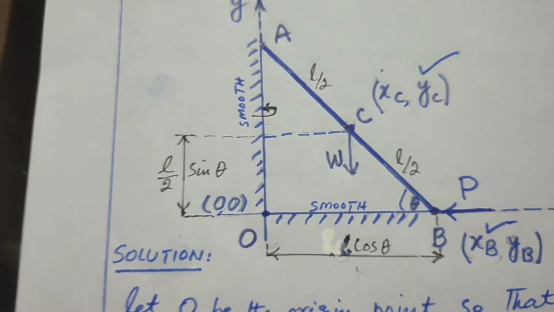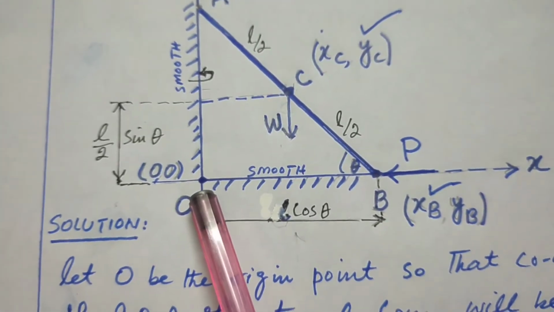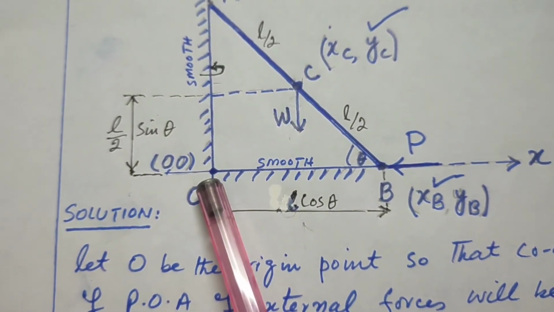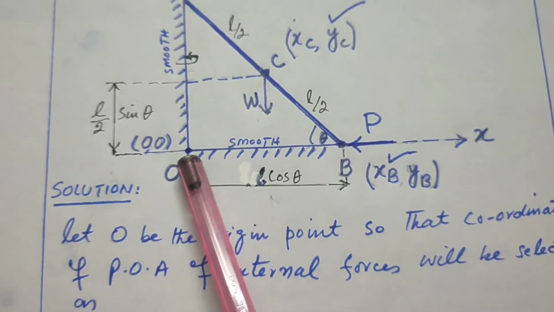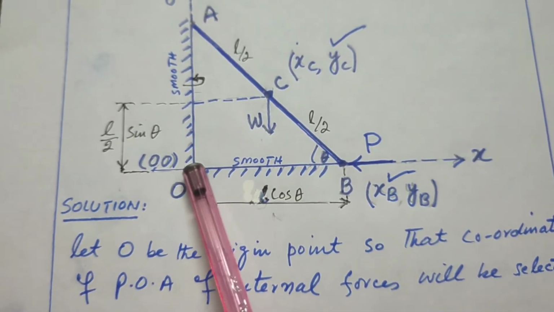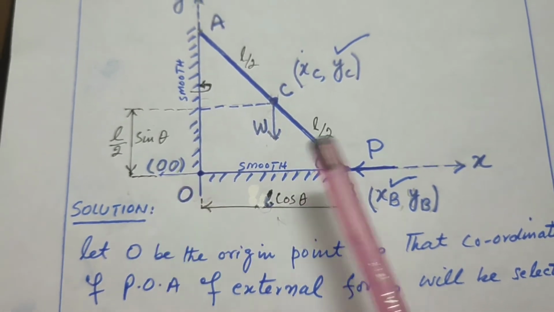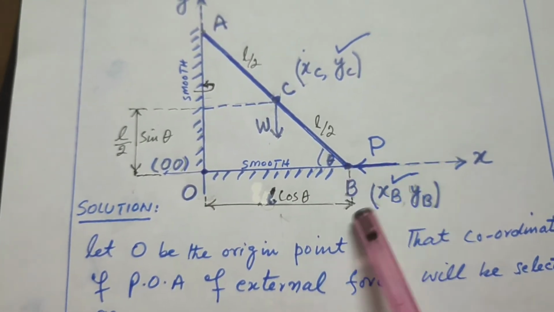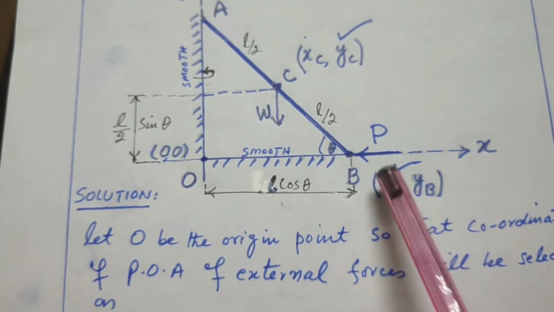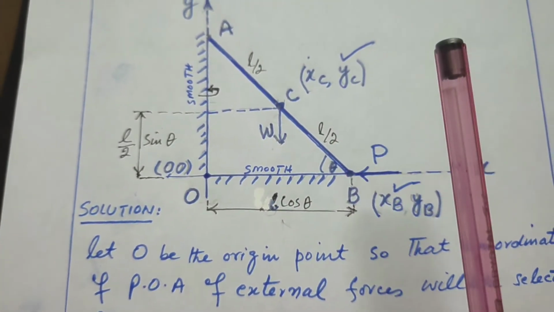So the first step is to fix an origin point. So this is point O, the origin point with coordinate 0, 0, and coordinate of B will be XB, YB. Coordinate of C will be XC, YC.